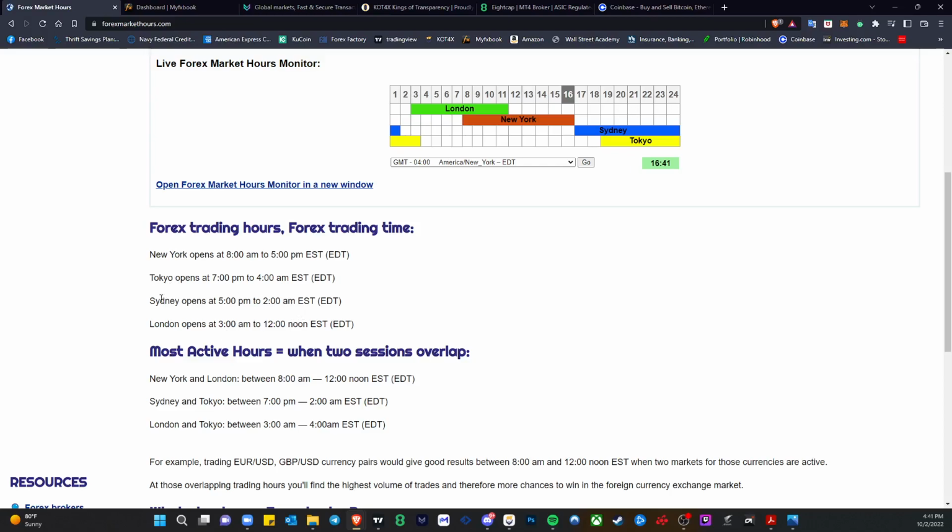Tokyo and Sydney are pretty slow, like really slow, barely any moves. So I don't really recommend anybody trade on those, but it all depends on what you got going on. If you got other stuff to do, then yes, I would trade those sessions. But me personally, I only trade London and New York.